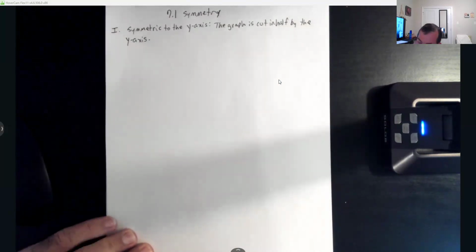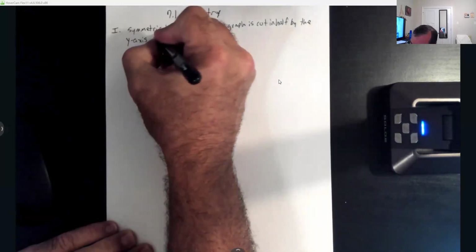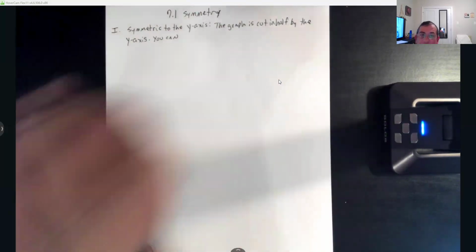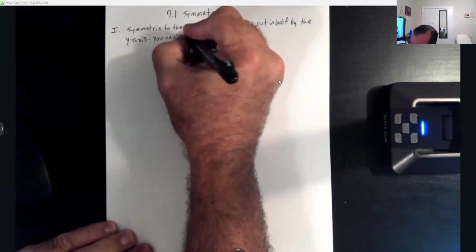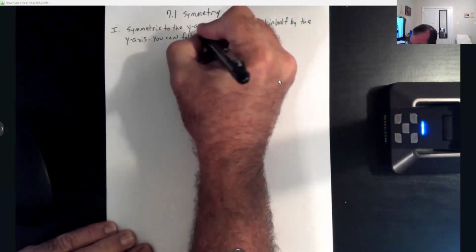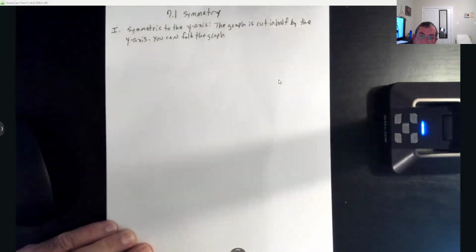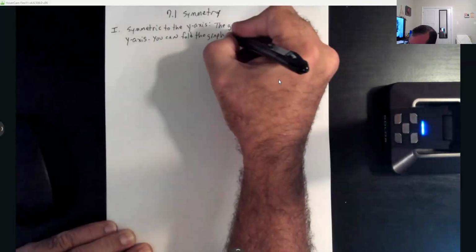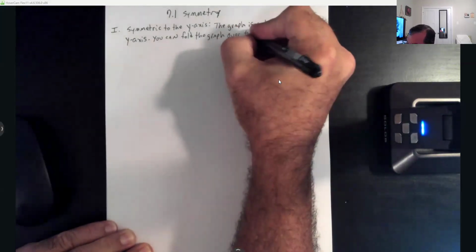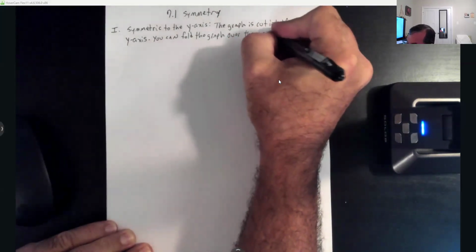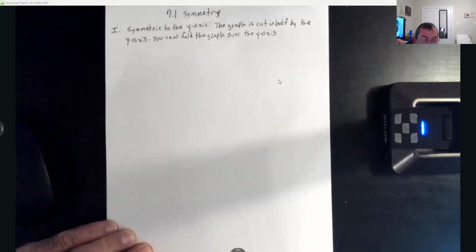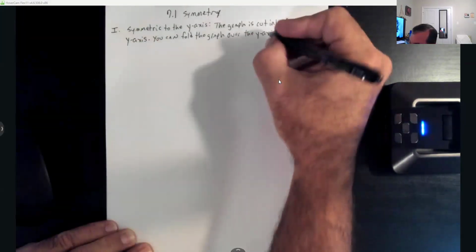So another way you check it, you can fold the graph over the y-axis and the graph lands on itself.